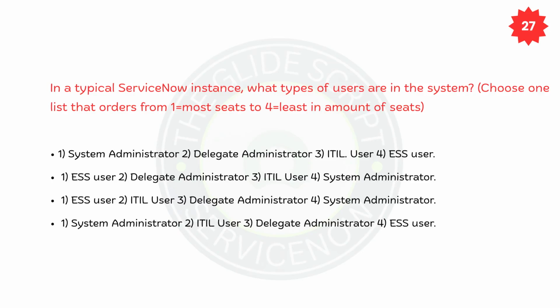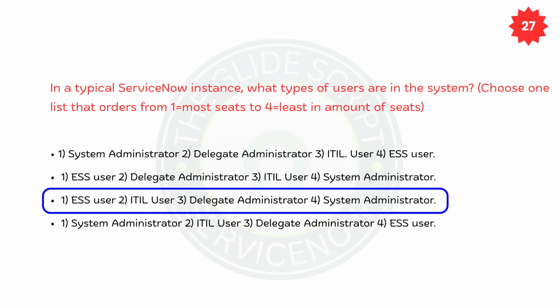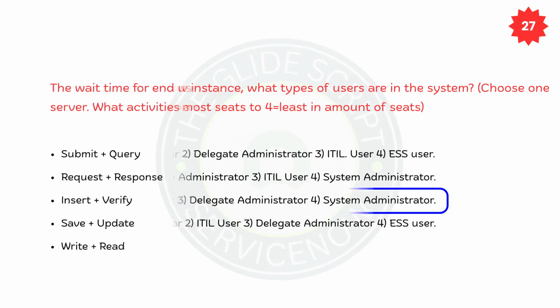This should always be the smallest group to minimize risks to the platform. ESS users are the most numerous, then fewer under ITIL, but more than the delegated administrators. So option number 3 is the correct one.